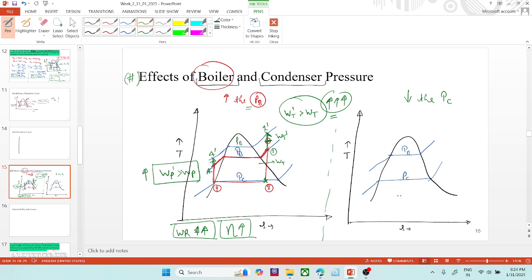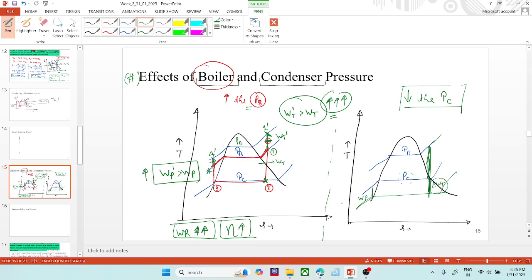And second thing, the effect of decreasing the condenser pressure. So this is the condenser pressure. If we decrease the condenser pressure, this line will go like this. So earlier we were getting this much turbine work, and now we will get this much turbine work. So this is the increment in the turbine work, and this would be the increment in the pump work.